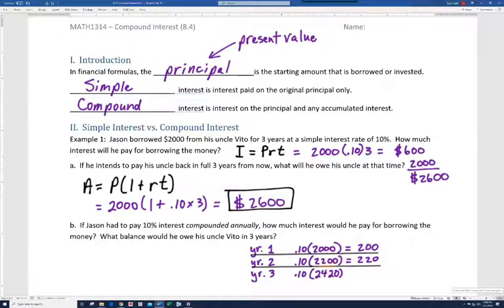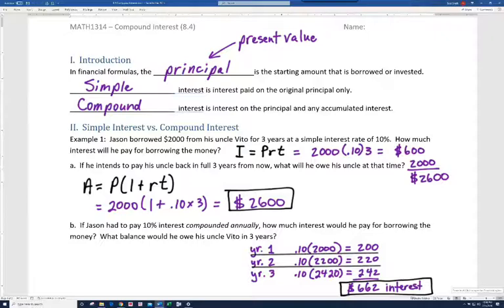That's the $2,200 plus the $220 in interest from that second year. And so finally, in the third year, he's going to pay $242 in interest. If you add all that up, he's paying $662 in interest. So that's an extra $62 because the interest was applied to his account or his balance each year.